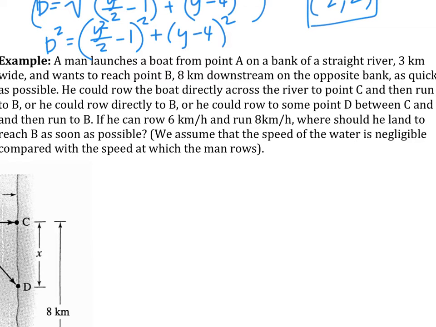He could row the boat directly across to point C and then run to B, or he could row directly to B, or he could row to some point D between C and B and then run to B. If he can row 6 kilometers per hour and run 8 kilometers per hour, where should he land to reach B as soon as possible? We assume the speed of water is negligible compared to the speed at which the man rows.